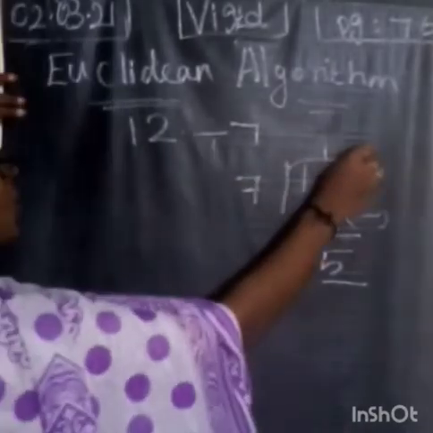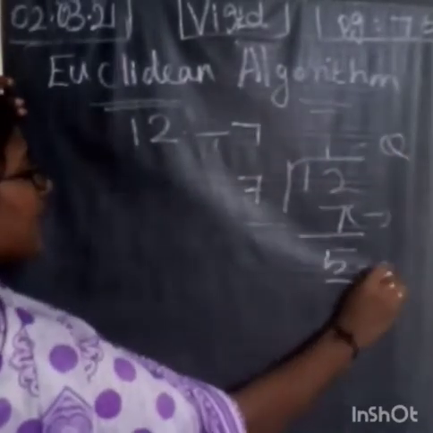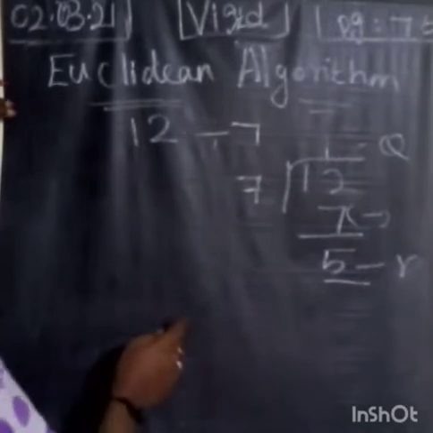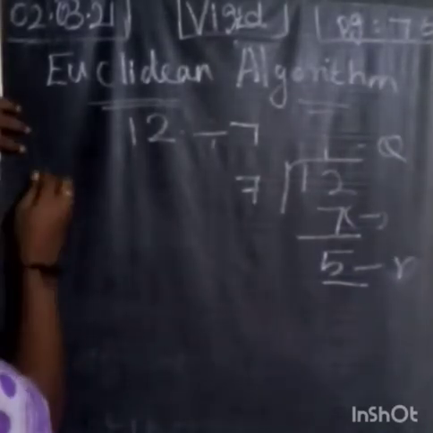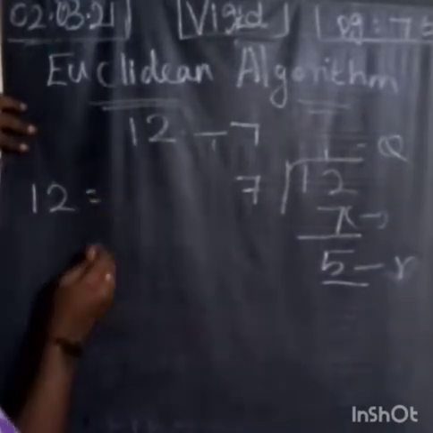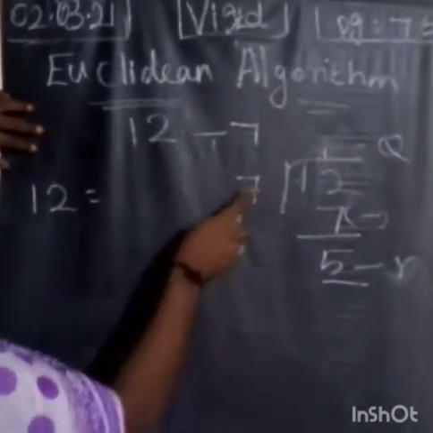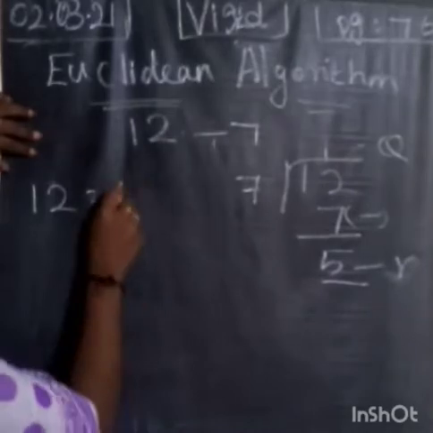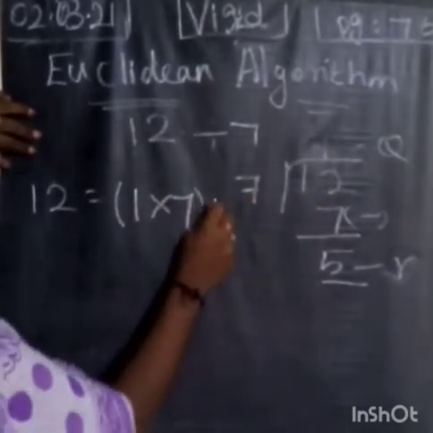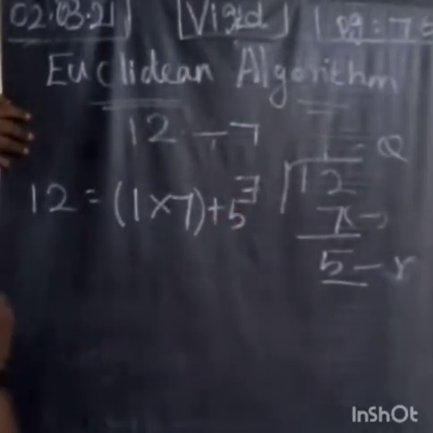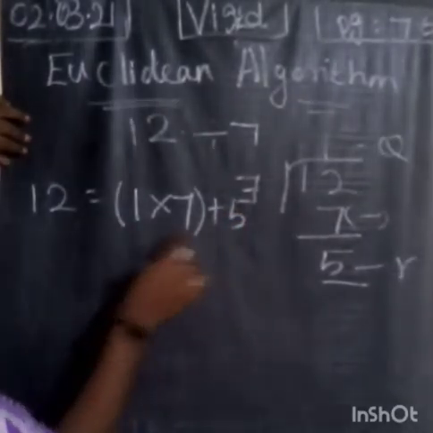Here the quotient is 1 and the remainder is 5. And 12 can be written as 12 equal to 1 multiplied by 7 plus 5.